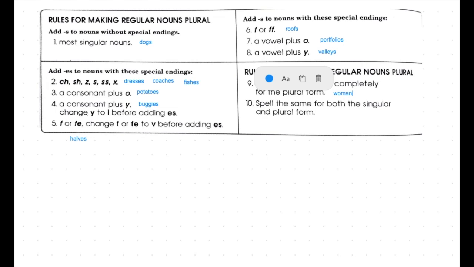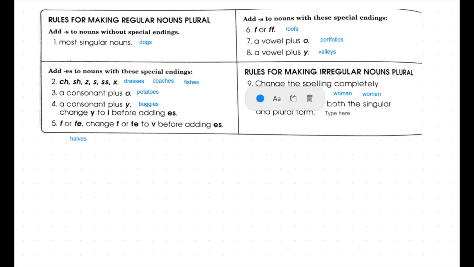For this, to make woman plural, if we're saying there are 2 women in the kitchen, we want to change the word completely so that it's en, just like we change man to men. Number 10, spell the same for both the singular and plural form. So if you have a word like deer, the plural of deer is deer.